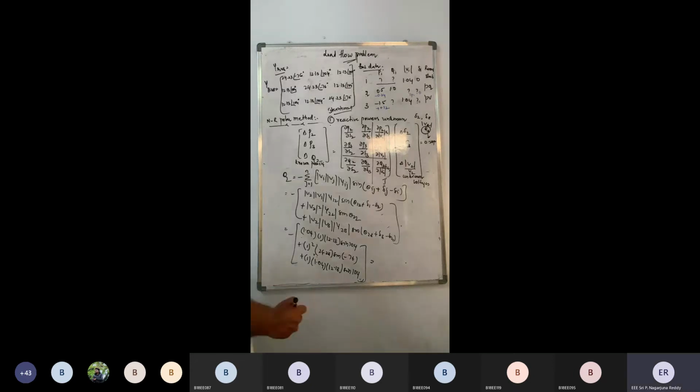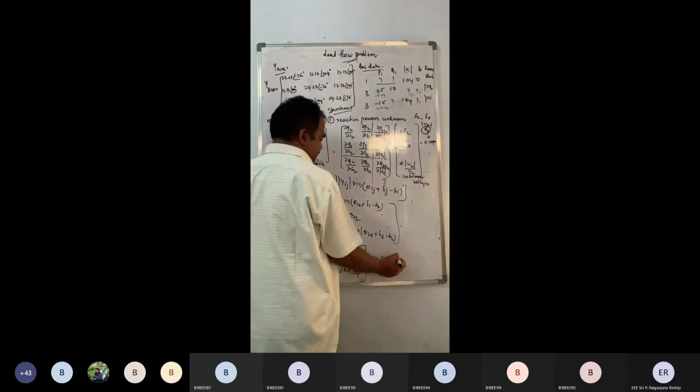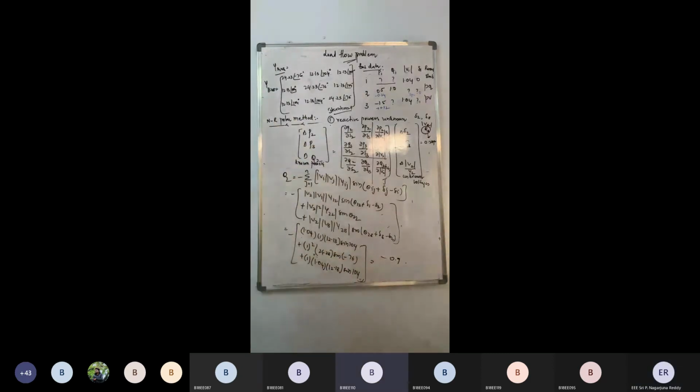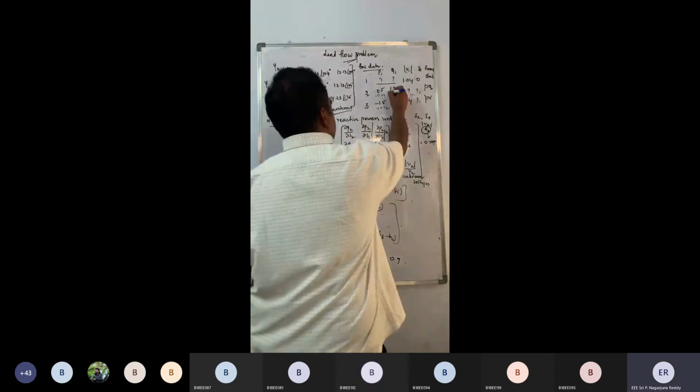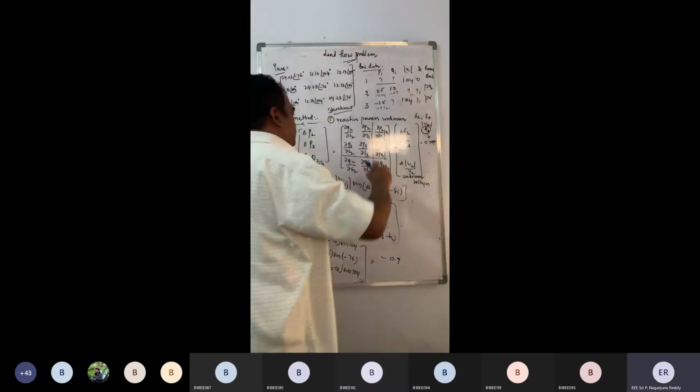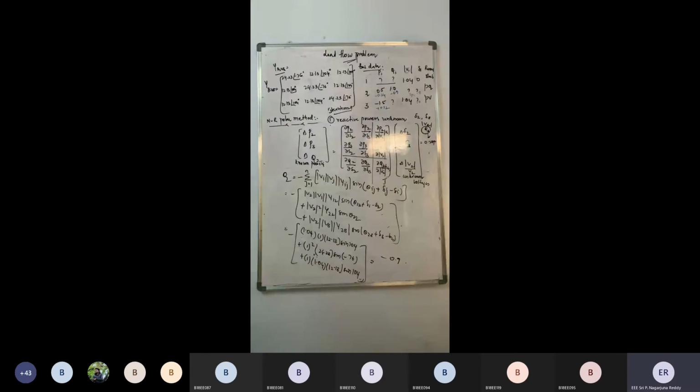So it is going to be minus 0.97. So this value is going to be minus 0.9. So these are the powers which I have calculated so far.